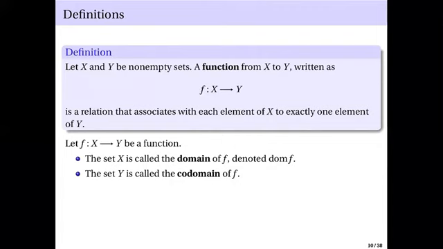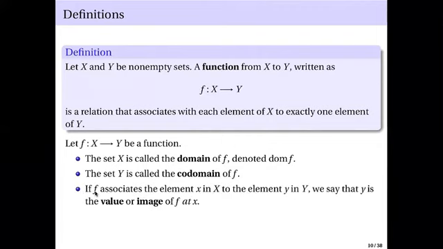Now, if F associates the element x from capital X to an element y in Y, we say that y is the value or image of F at x.